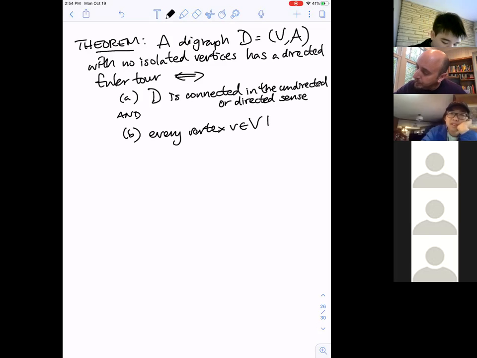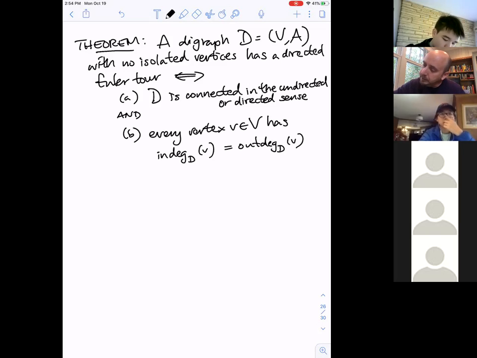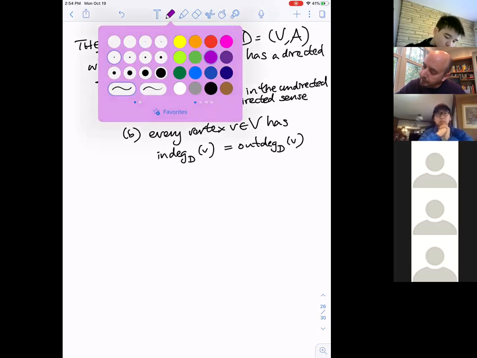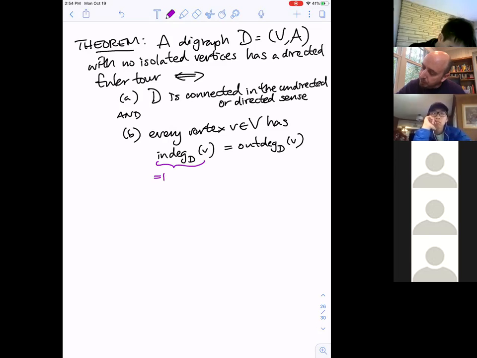B: every vertex V in the vertex set has in degree of V, and I'll explain what that is, equal to out degree of V in the digraph. And so what is this thing? This is number of arcs emanating from V. Emanating just means going out of.